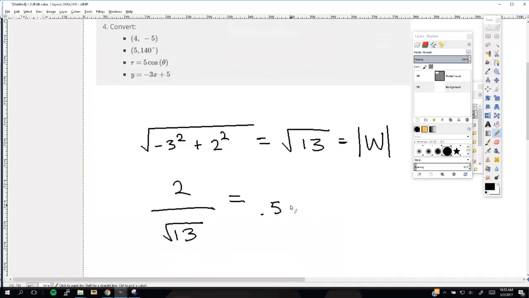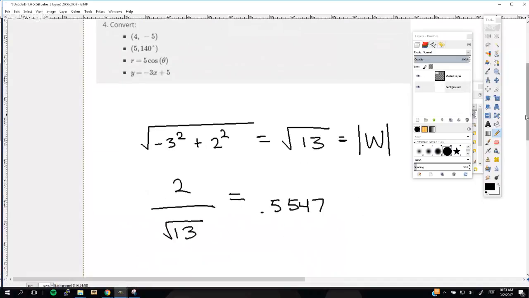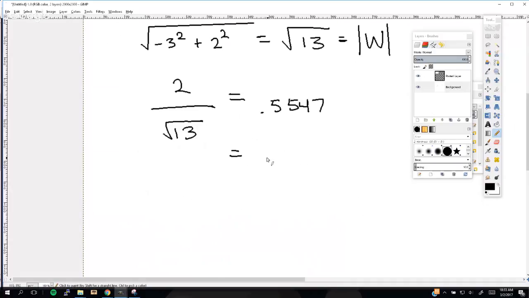Oh wait, I think we have to do arc cosine. It's just the arc cosine of that. There's also something about subtracting from 180. So the answer we got was 33.69.